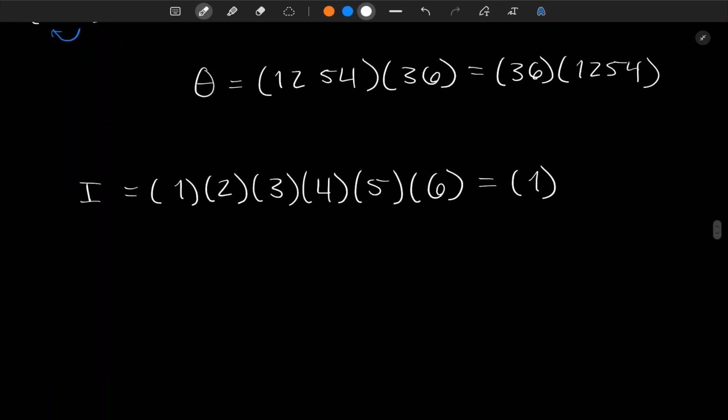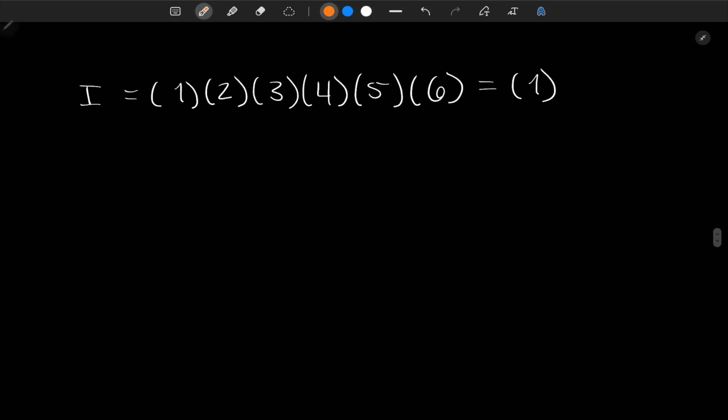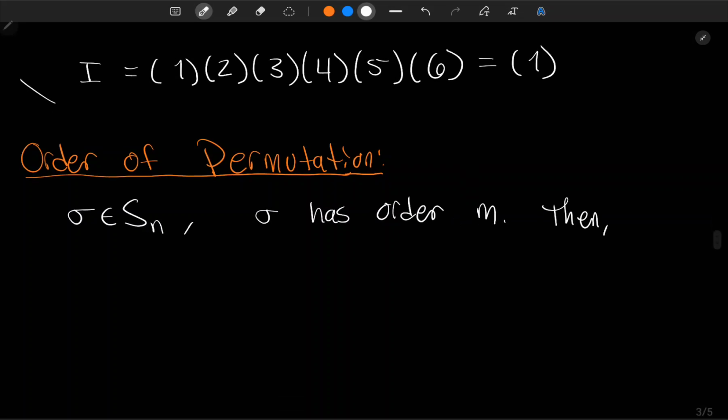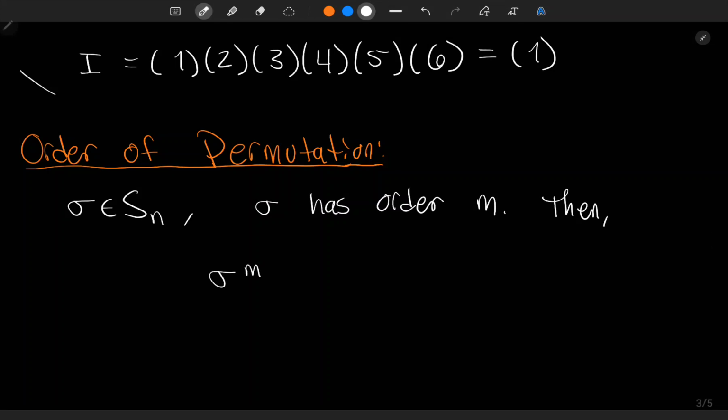And now considering orders of permutations, this simply means the following. Given a permutation sigma, some element of the permutation group of n elements, let's say sigma has order m. Then that means you would have to take sigma to the m, or multiply sigma by itself m times, in order to get the identity.